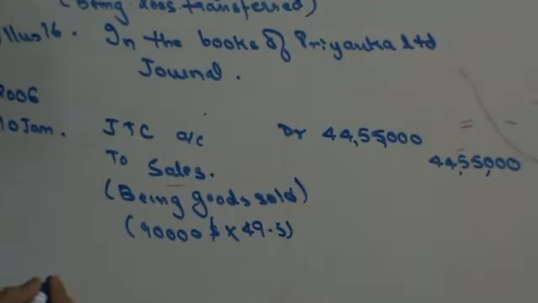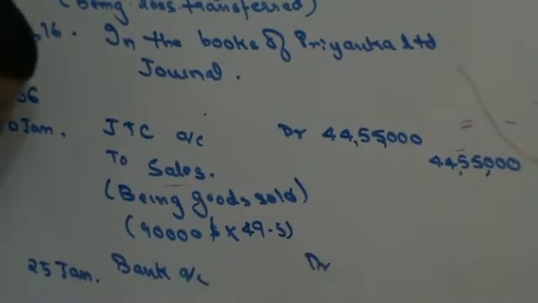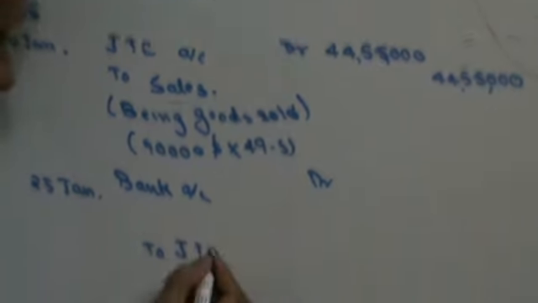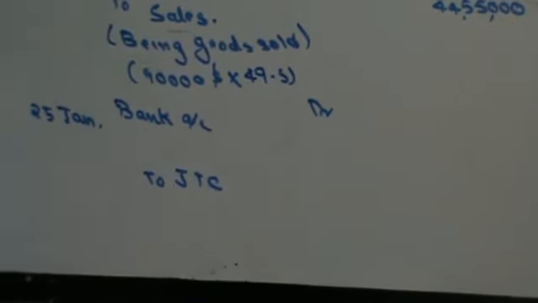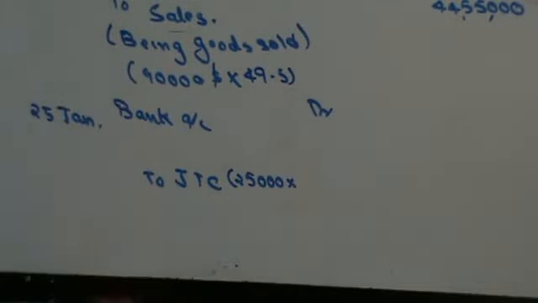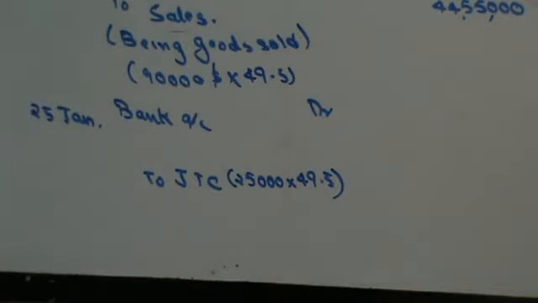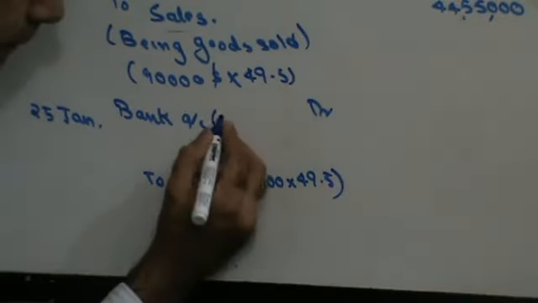Receive your payment on 25th Jan. Money is coming in. Bank account debit to Jerry Trading Company. You received a payment of $25,000. You sold to Jerry at the rate of 49.5, and on the date of payment, it was 49.75.